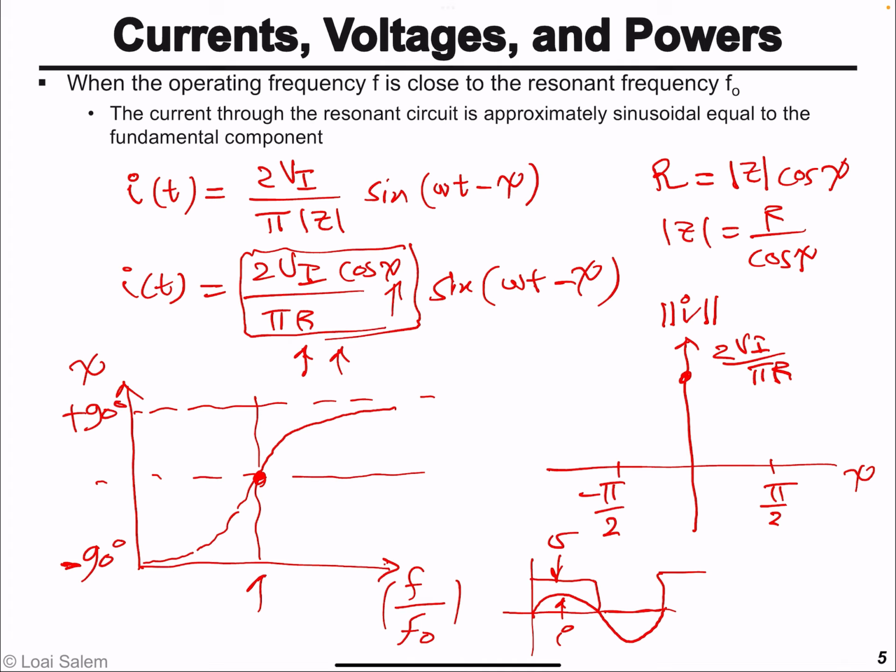Otherwise, the amplitude of the current changes with cosine psi, which looks essentially like this, a cosine function. So the current decreases as the operating frequency deviates from the resonance frequency, whether going up or going down.